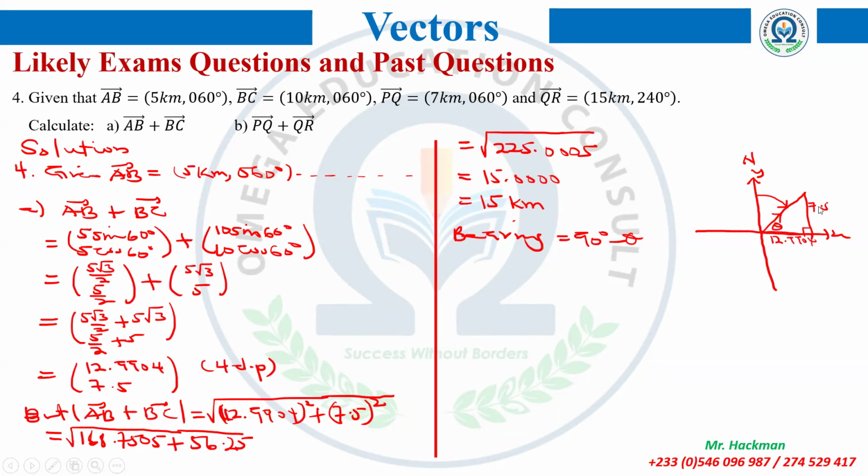I know the opposite and the adjacent of this angle. So which trig ratio should I use here? Obviously tan. Tan theta will be equal to opposite, which is 7.5, over the adjacent, which is 12.99 04. Is my point well made?